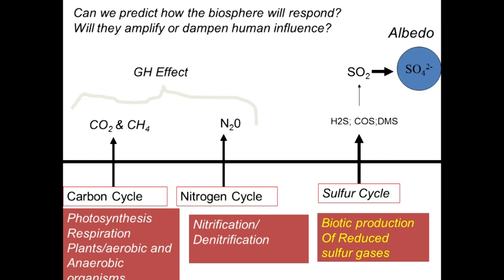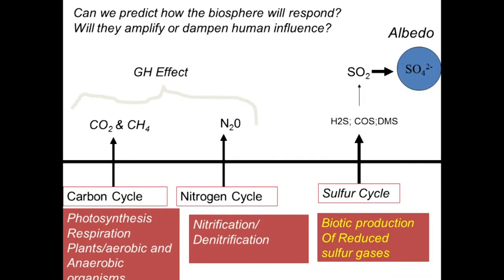In the oceans, one of the nuclei is provided by dimethyl sulfide. Organisms emit more dimethyl sulfide and produce more low-level clouds.